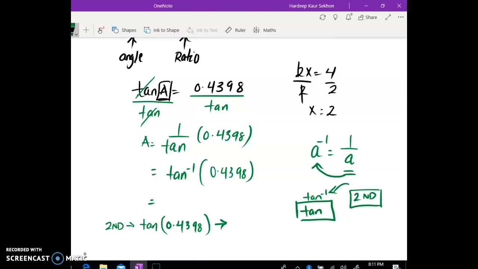Okay, and then just press the equal key, and your answer will be 23.73989, and so on. Okay, so we round it. If the question says rounded to the nearest degree, so you need a whole number, 24 degrees.